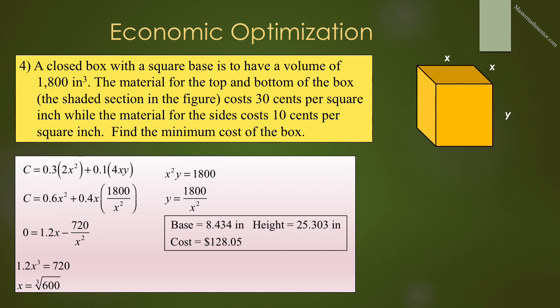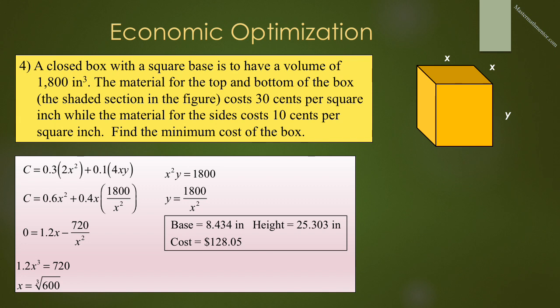We have two variables, so we need to have a relationship between them. And since the volume has to be 1800, we say x squared y is equal to 1800. It is easier to solve for y, so y is equal to 1800 over x squared.